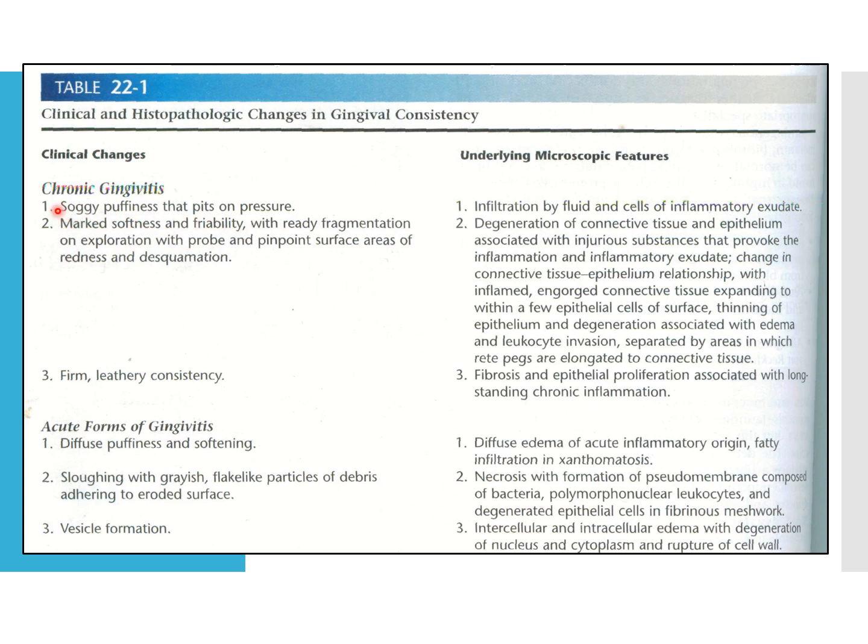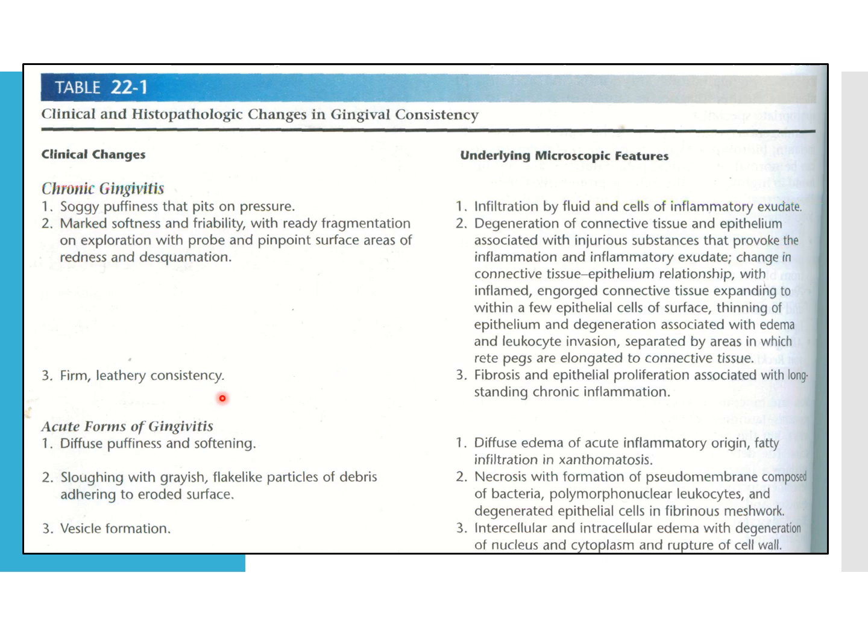In gingivitis, in the early lesion, you can see a soggy puffiness. The reason for it is infiltration by the fluid and cells of the inflammatory exudate. There can be marked softness and friability with ready fragmentation on exploration with a probe, and pinpoint surface areas of redness and desquamation, mainly due to the degeneration of connective tissue and epithelium.